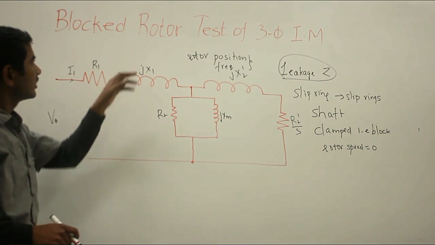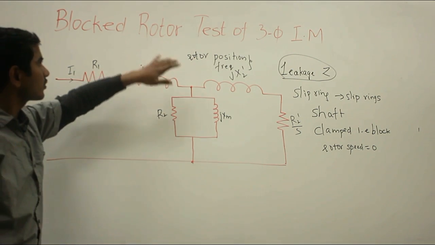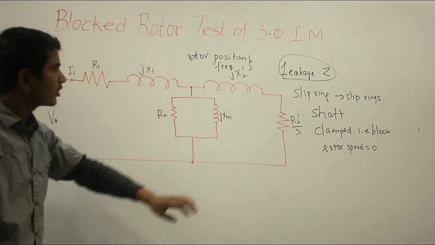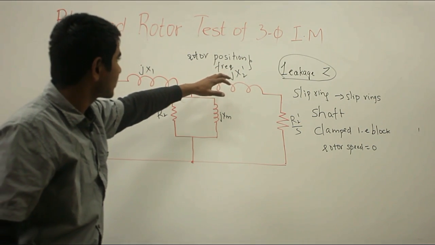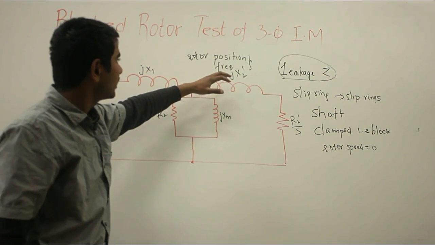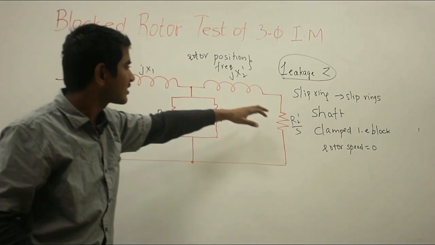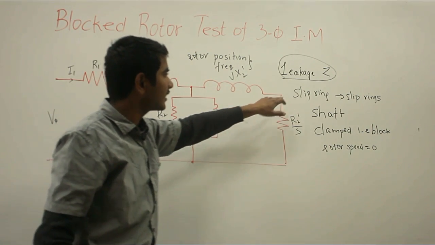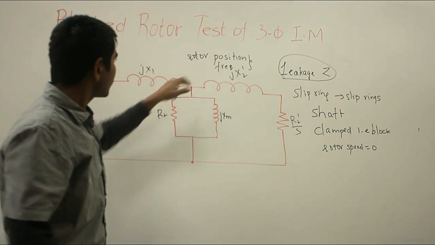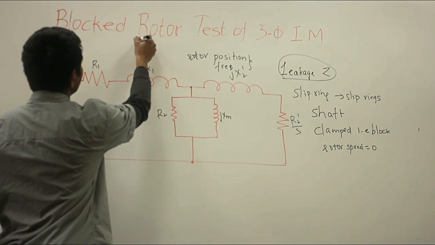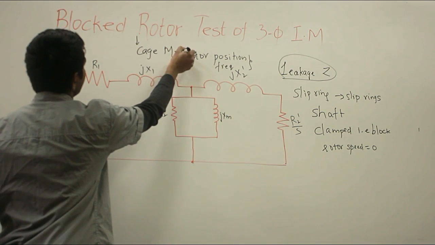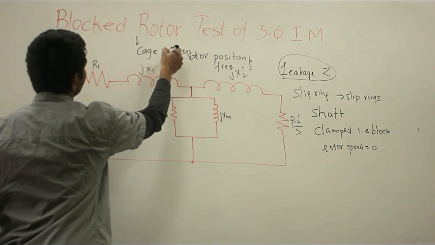If anyone asks you why we conduct the block rotor test on the squirrel cage motor only, it is because these three factors may largely affect the slip ring induction motor when calculating the resulting value of leakage impedance. So we conduct this block rotor test on squirrel cage motors.